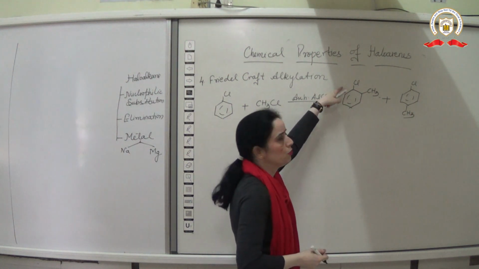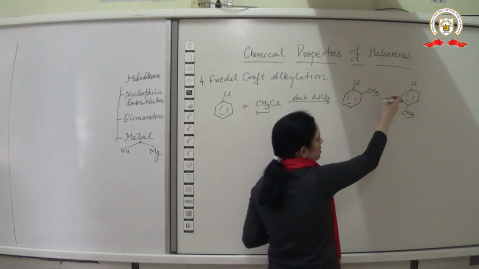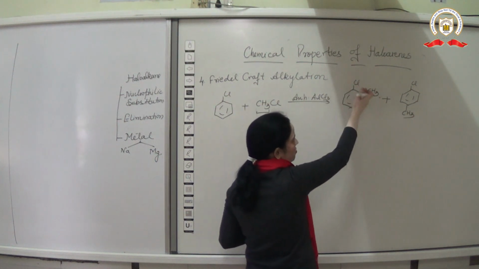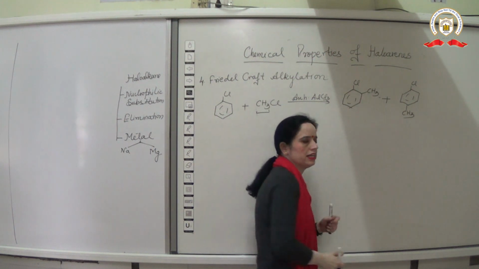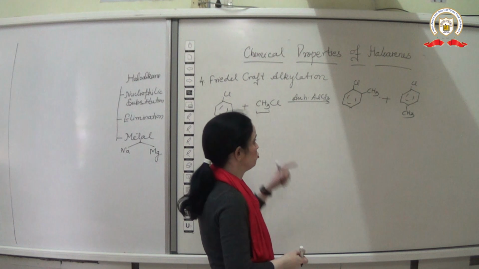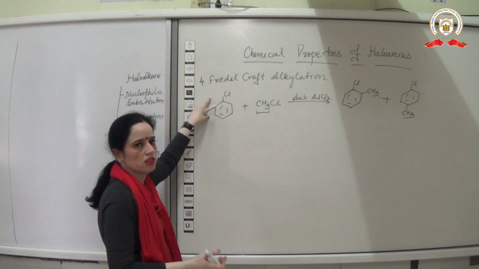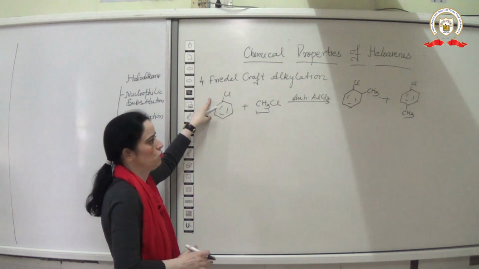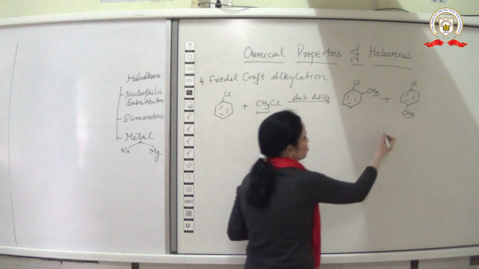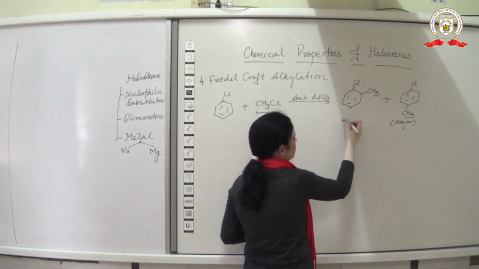The first time we are getting methyl at the ortho position and the other time methyl at the para position, because chloro itself is on the benzene ring. The chlorine gives rise to ortho and para derivatives. Again, one is going to be the major part and the other the minor part.